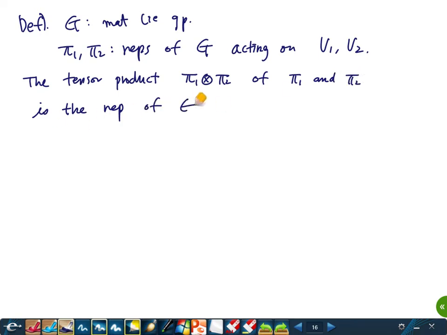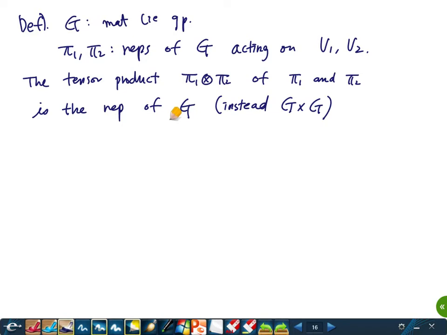of G instead of. So before, what did we have? Pi 1 is a representation of G, pi 2 is a representation of H, but H happens to be equal to G. So if you use the previous definition, then it should be this. But instead of this, we want to consider this as a representation of G, because we can do this.